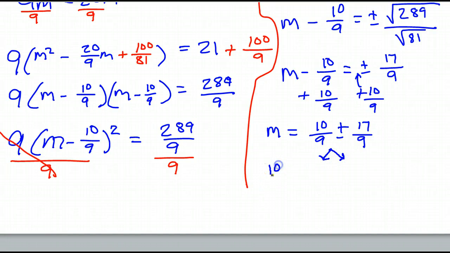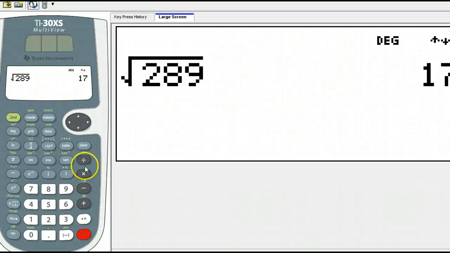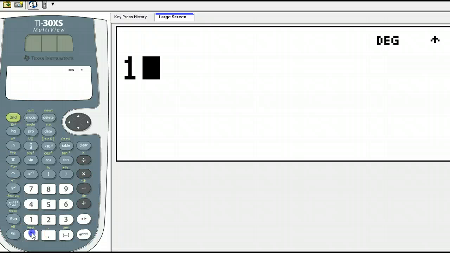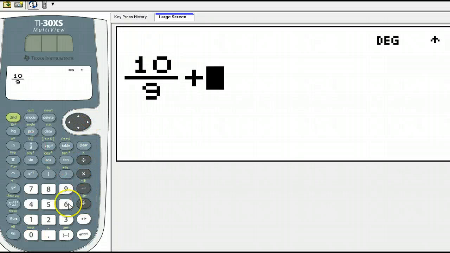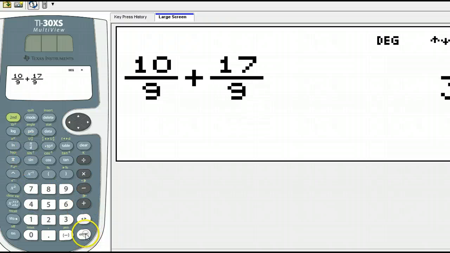That is 10 over 9 plus 17 over 9, and that is 10 over 9 minus 17 over 9. Three. Well, all that work to get 3.